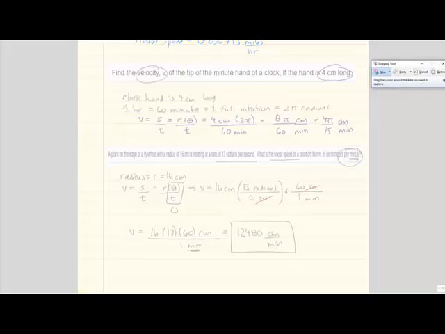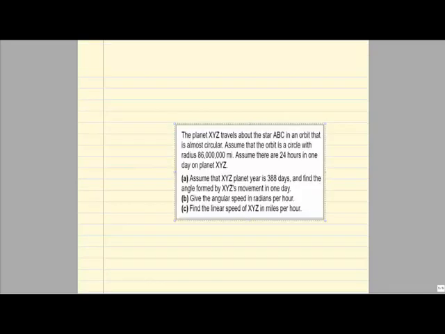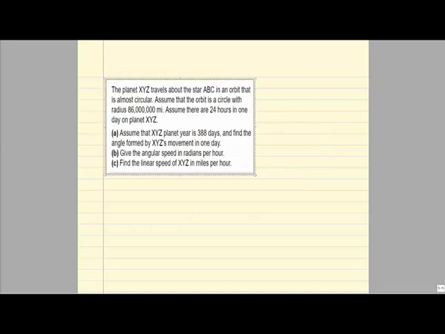But this one is a little bit different. So start a new page. So we have a planet XYZ, and it's traveling around a star. So that information is given to us, and let's pop in a picture.